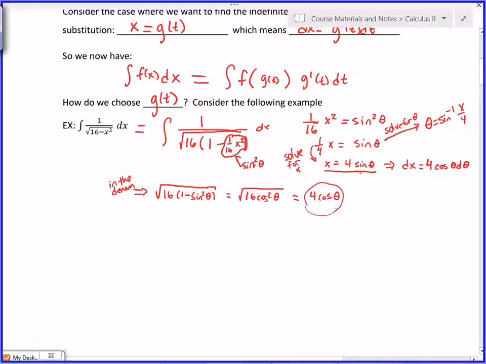So here's what this integral now looks like. It's the integral of 1 over 4 cosine theta times dx. What is dx? 4 cosine theta d theta.